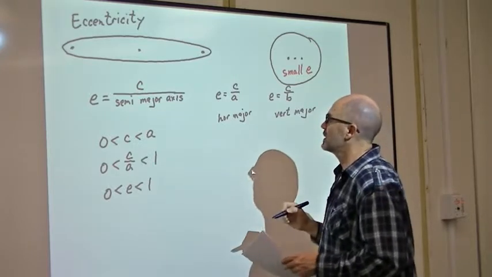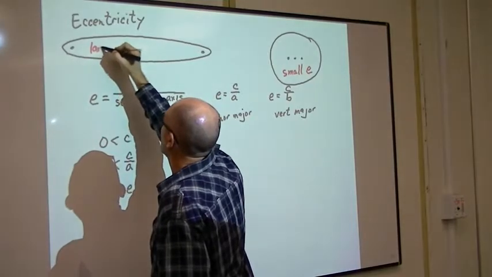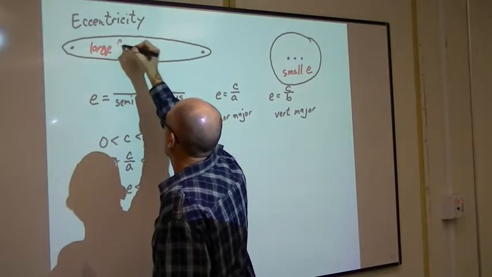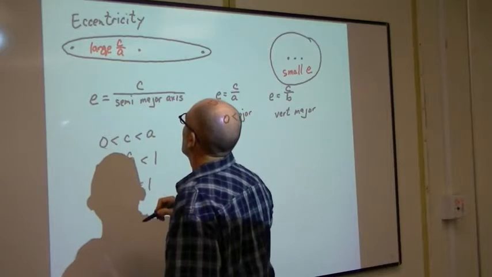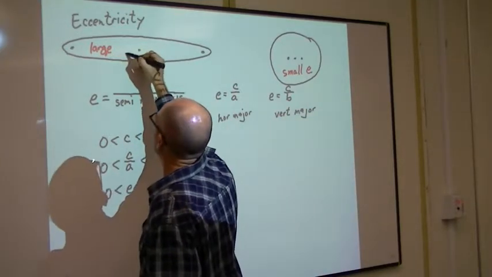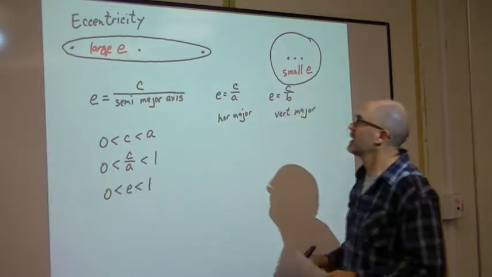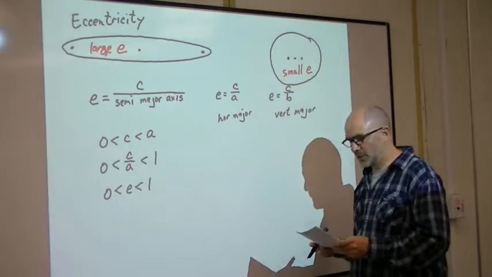Now, a large c over a, large eccentricity, is going to be a really elongated ellipse.